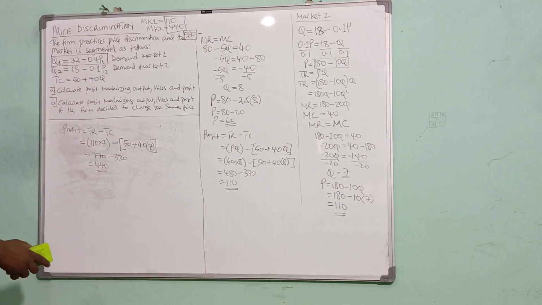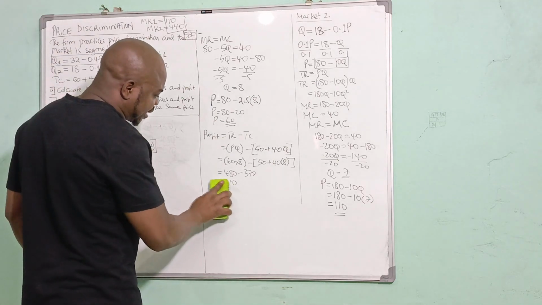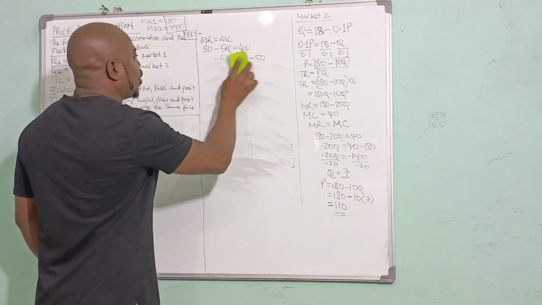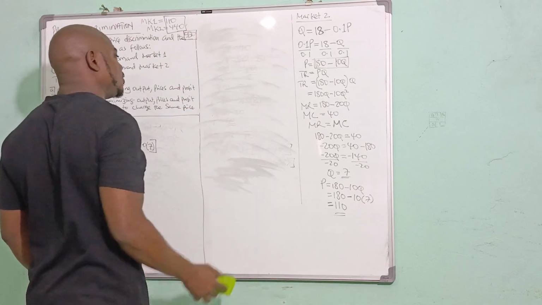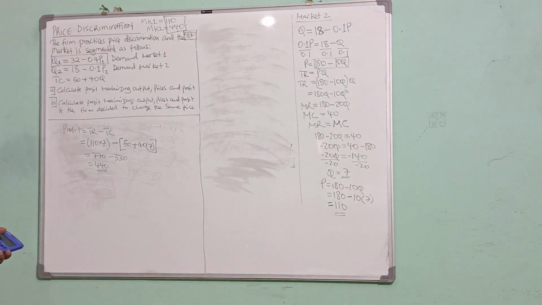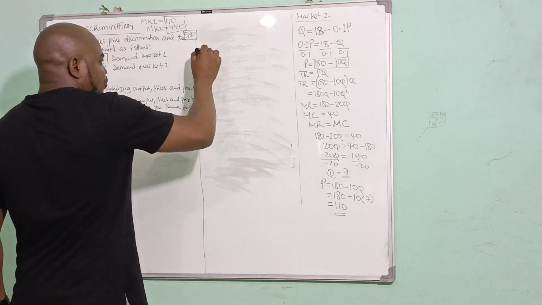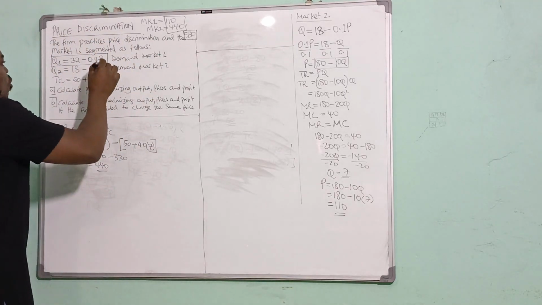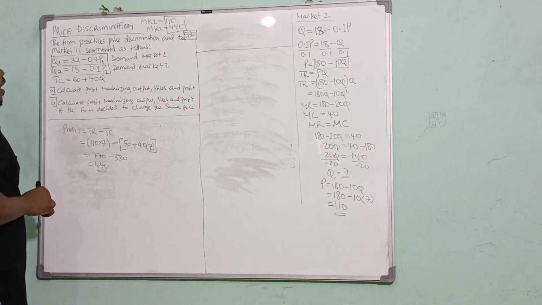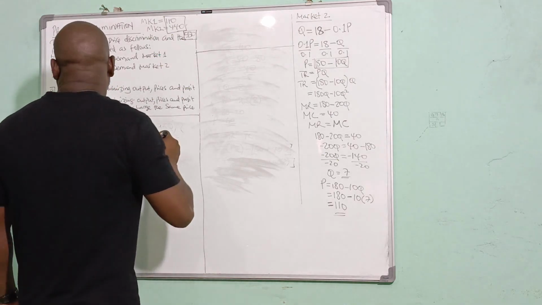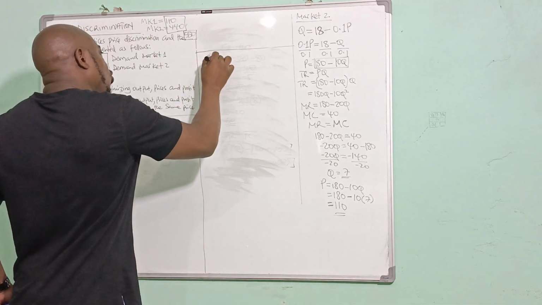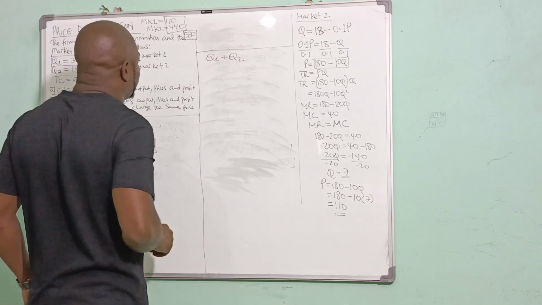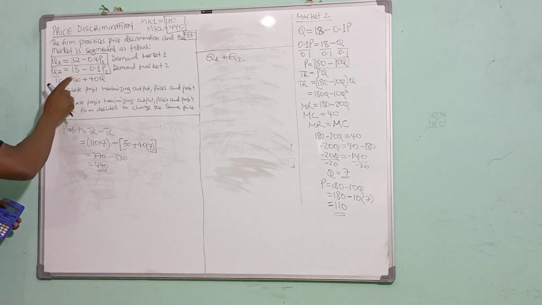Let's see a situation where we are not practicing price discrimination. We are charging a single price. For this one, we need to combine the demand function for the 2 markets by adding them. So we'll sum quantity 1 plus quantity 2. We don't sum them as P's.